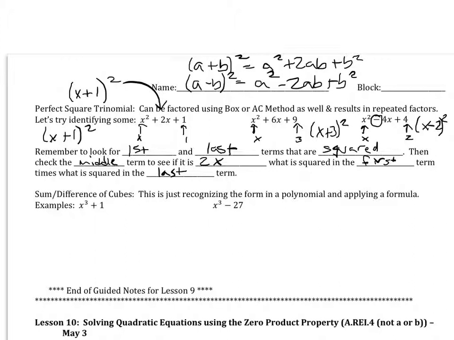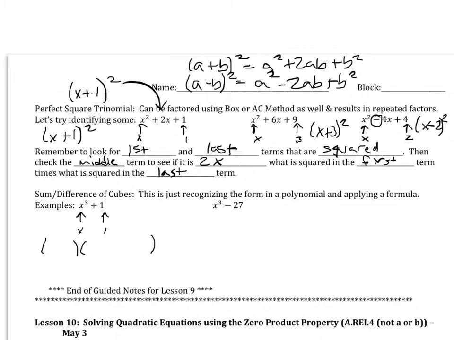This is always kind of a tricky one because the formula is so lengthy. Here we're needing to identify what's cubed. Well, in the first one it's x. And in our second term it's 1, because 1 times 1 times 1 is 1. So we have 2 terms in the first factor and 3 in the second.